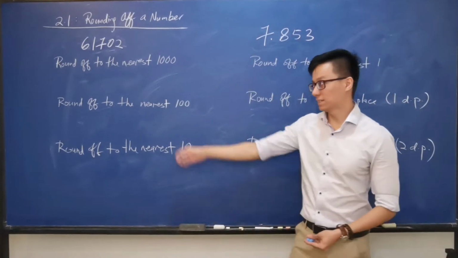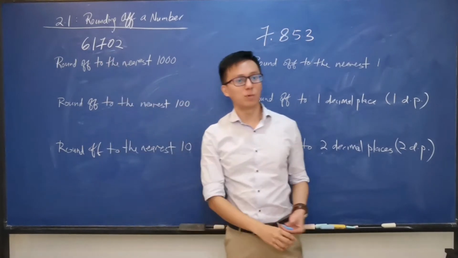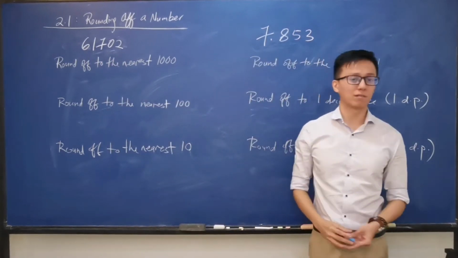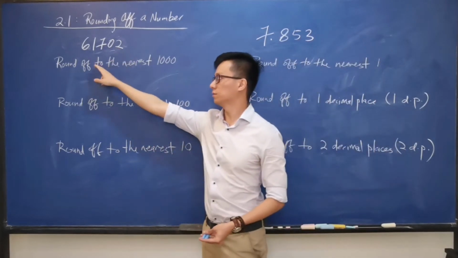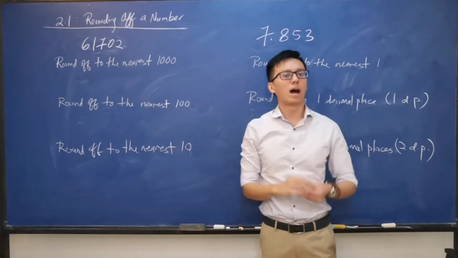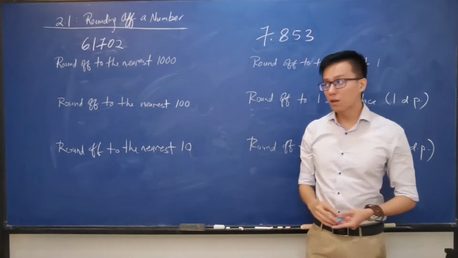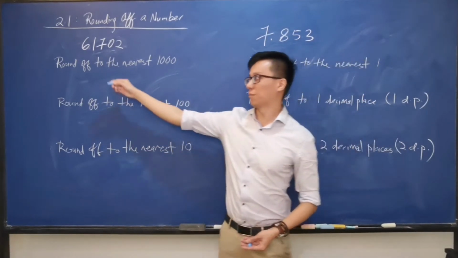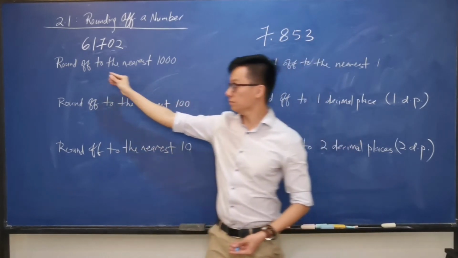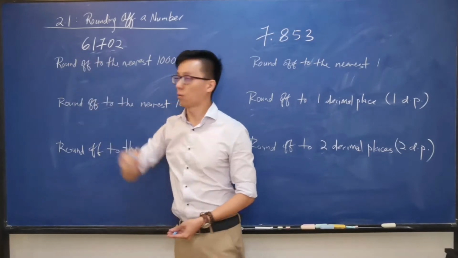So let's see, I have a number of 61,702. If I want to round off this number to the nearest thousand, how are we going to do it? We will find the digit at the thousand place, which is 1.